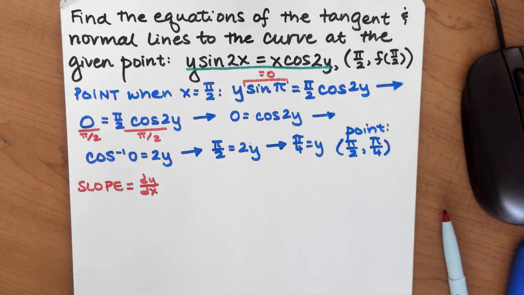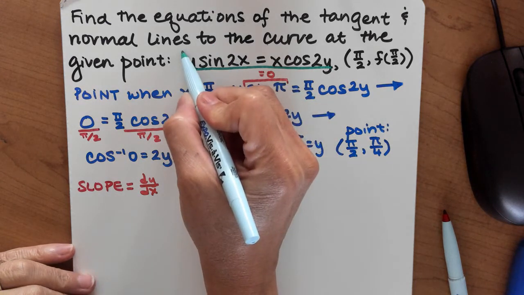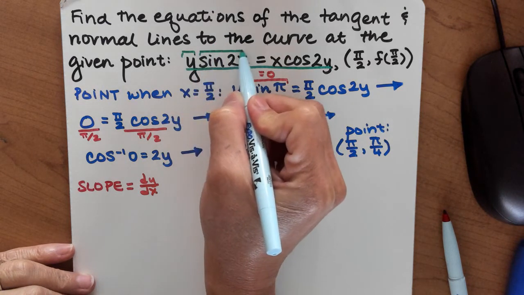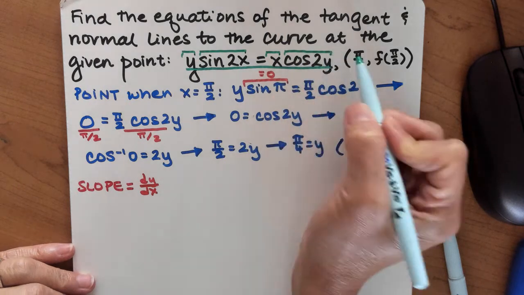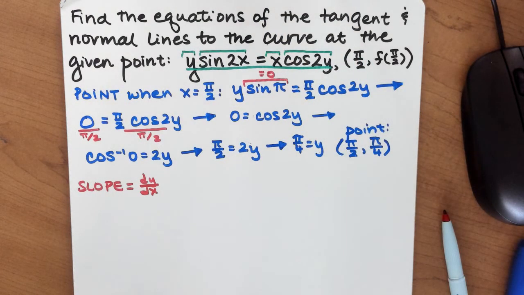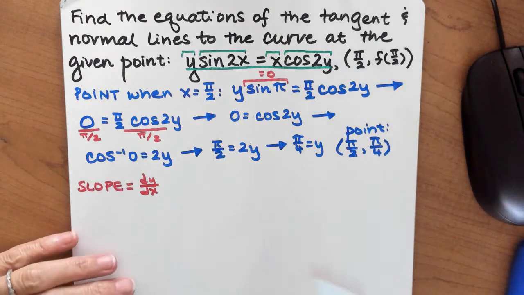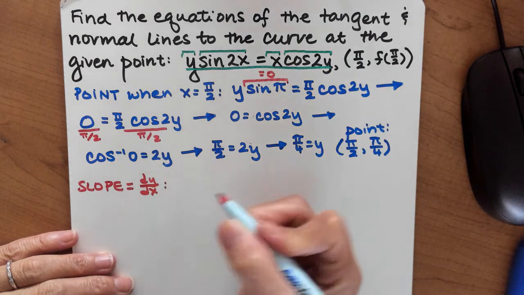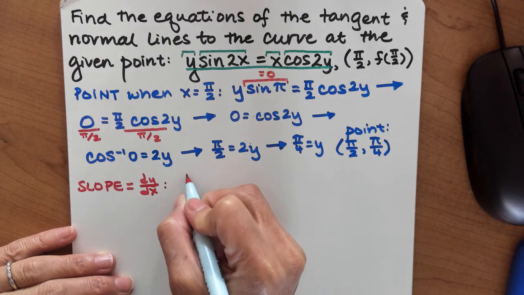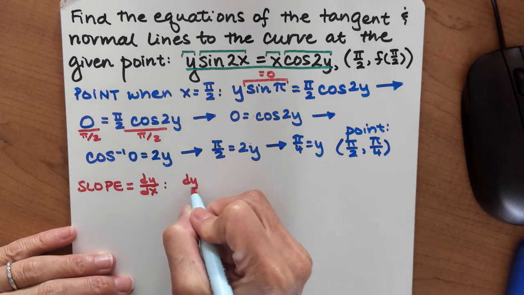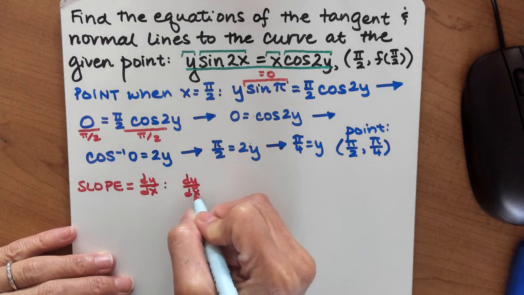So I'm going to implicitly differentiate, and on top of that, I'm going to have to use the product rule on both sides of the equation. So on the left, the derivative of y is 1, and then the derivative of the variable is dy dx.